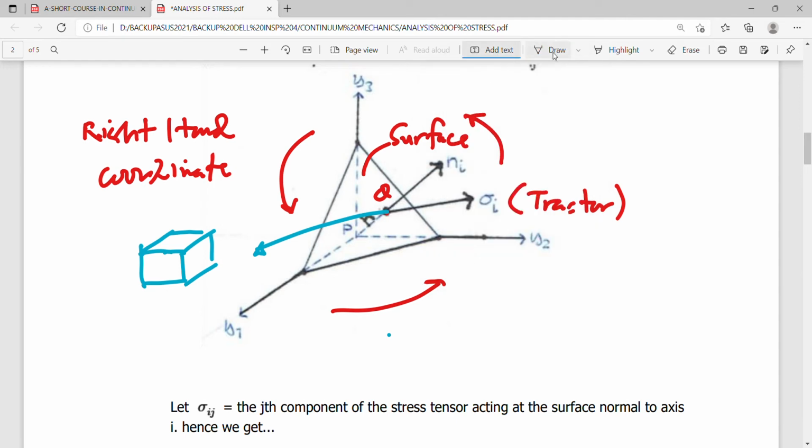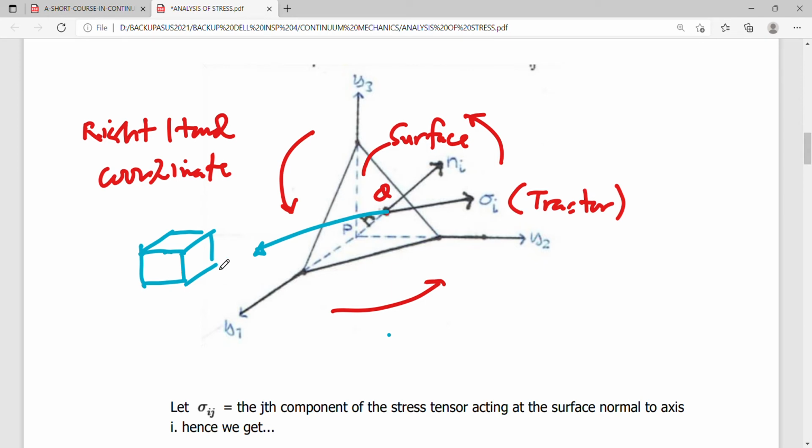Okay, so if I now make use of such, my sigma 1 1 will be referred to a positive direction on y1. So this is a sigma 1 1, and this will have a positive direction on y2, which is sigma 2 2, and a positive direction on y3, which is sigma 3 3.